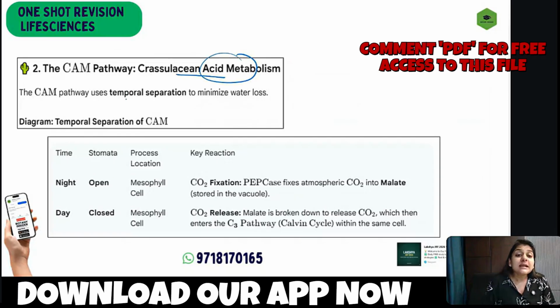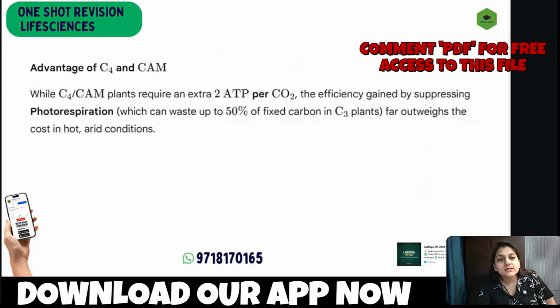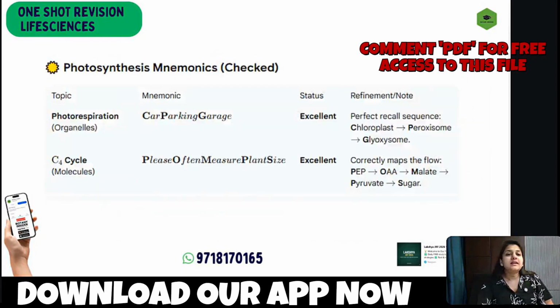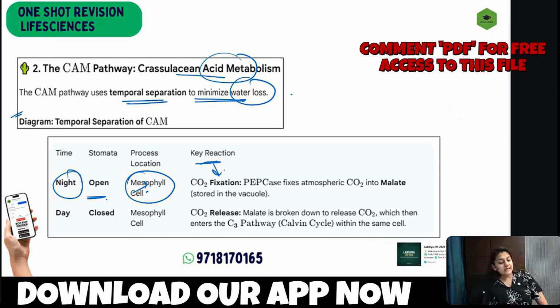They use temporal separation to minimize the water loss. Then diagram, you can just make sure that you revise it and keep a note of how the temporal separation looks like. So at nighttime, stomata are open, the location is the mesophyll cell, then you have the key reaction happening.